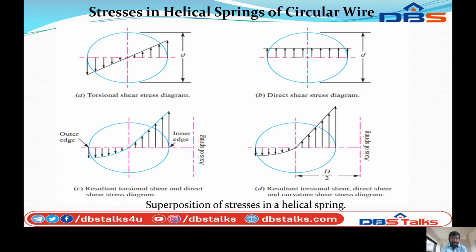This is the outer edge, this is the inner edge, and this is the axis of the spring. From the inner edge to the outer edge the stress will be reduced. Next, figure D is the resultant of torsional shear, direct shear and curvature shear. The distance from the axis of the spring to the wire center is d by 2.